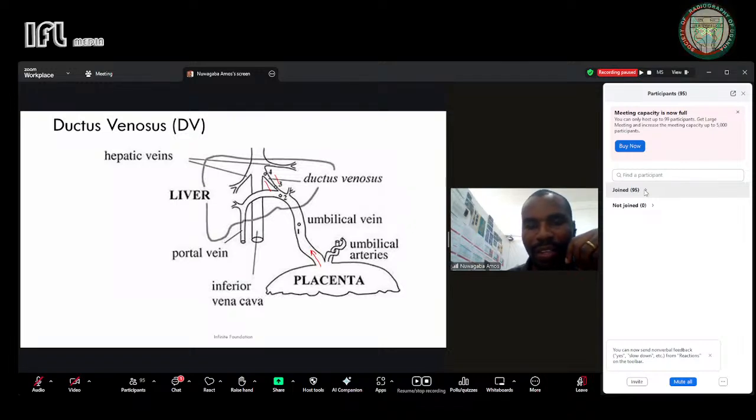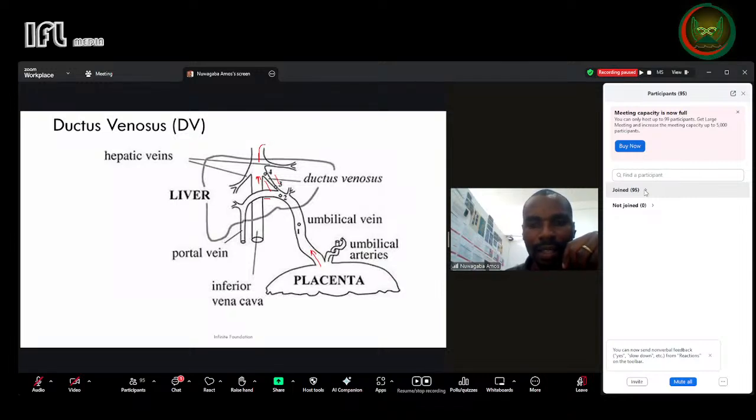We know that the fetal liver is not functional like in the adult, and there is no reason for a lot of oxygenated blood to flow towards the fetal liver, so that blood is shunted into the IVC and then to the right side of the heart.